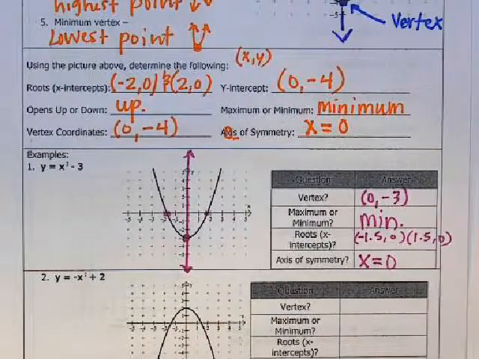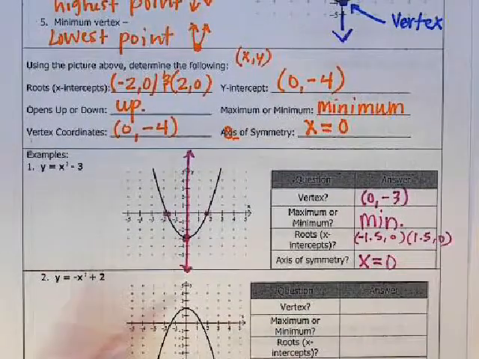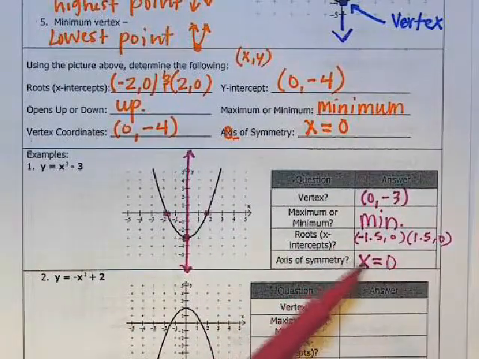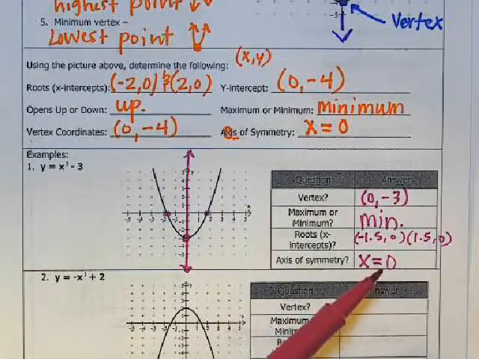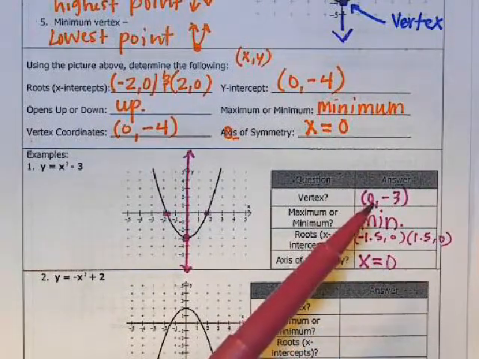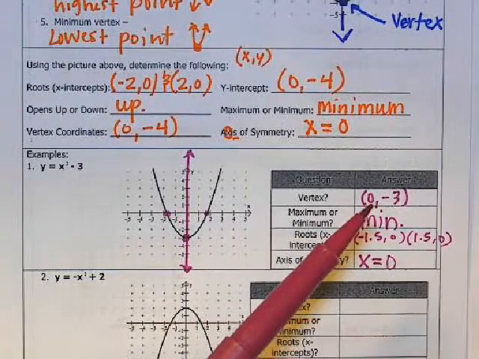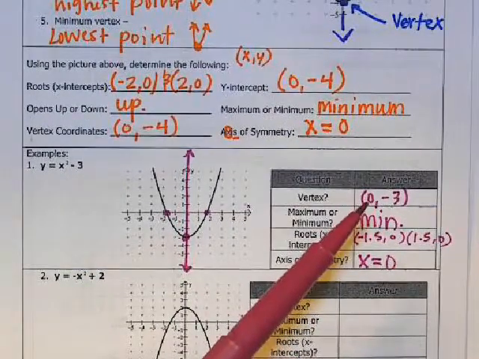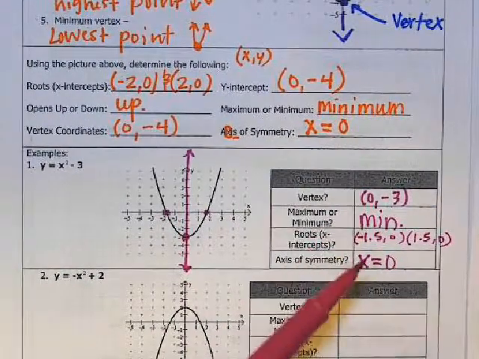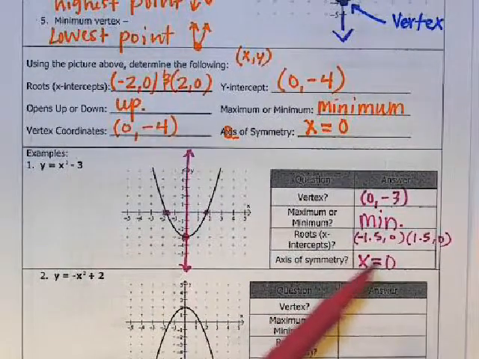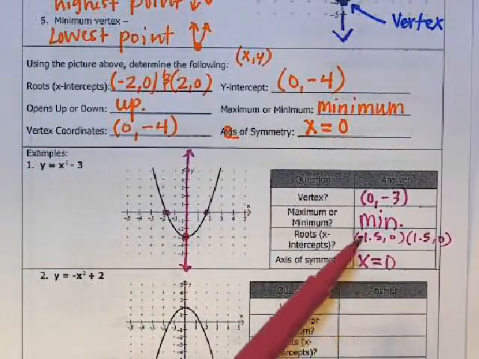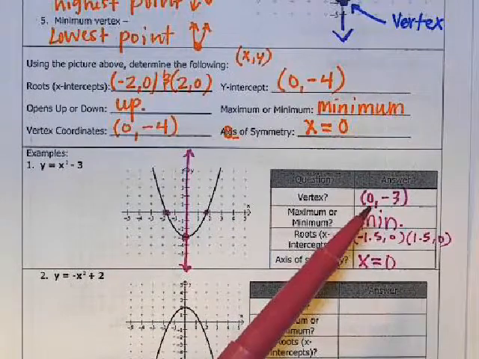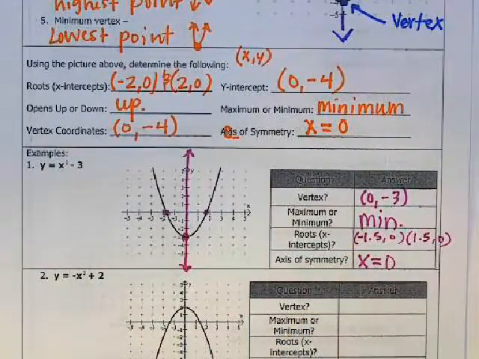Okay, a trick: your axis of symmetry, the x equals, is always the same x as your vertex, because your vertex is always in the middle. Let's say that again. Your axis of symmetry, the x equals a number, is always going to be the same number in the x spot of your vertex.